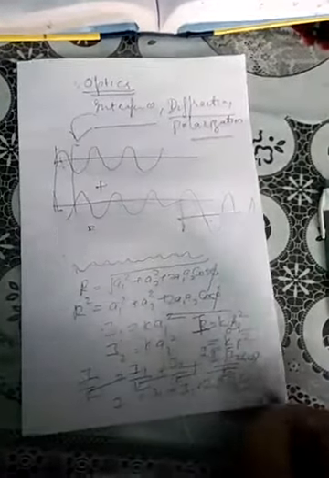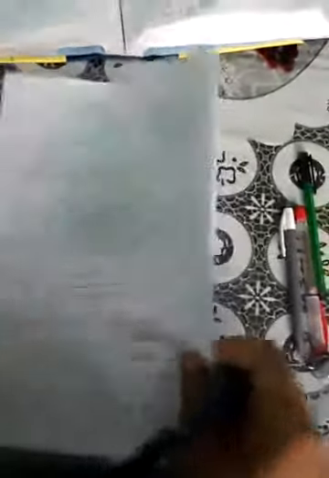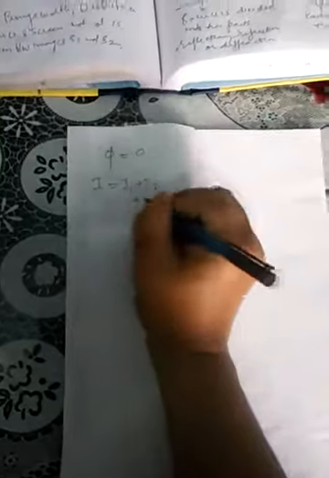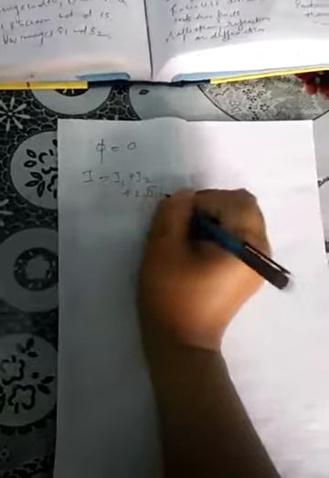Now phi is the important factor, which represents the phase difference of the waves. To get constructive or destructive interference, consider two cases. When phi is equal to 0, I is equal to I1 plus I2 plus 2 root of I1 I2 into cos 0, which is 1.